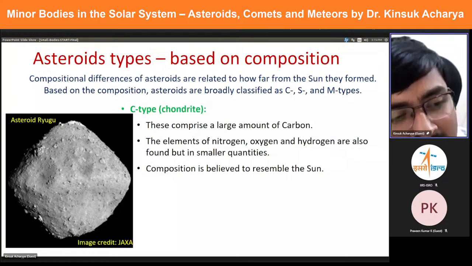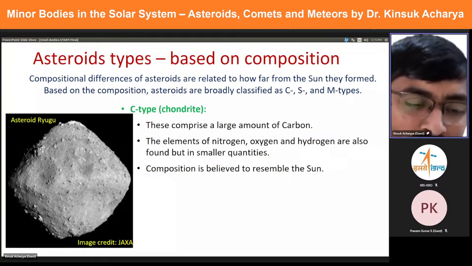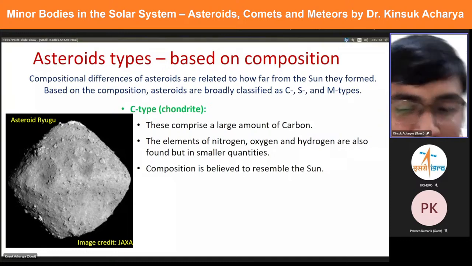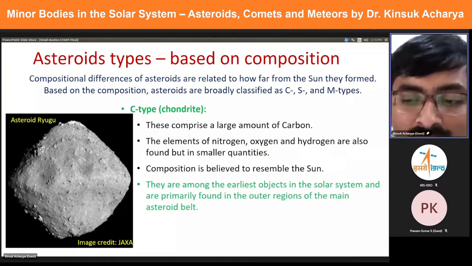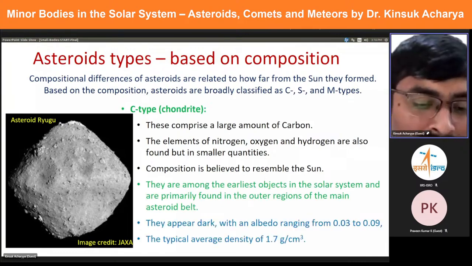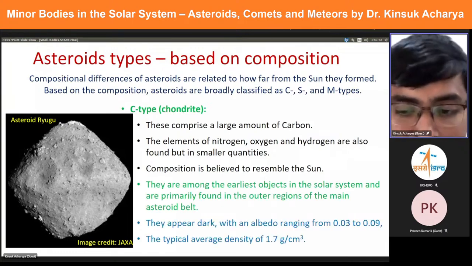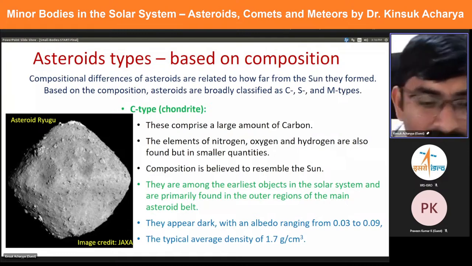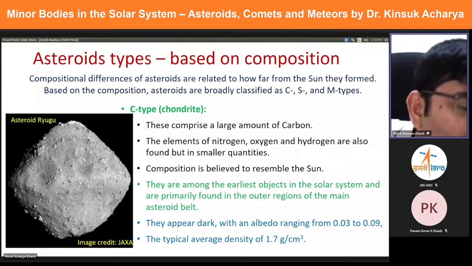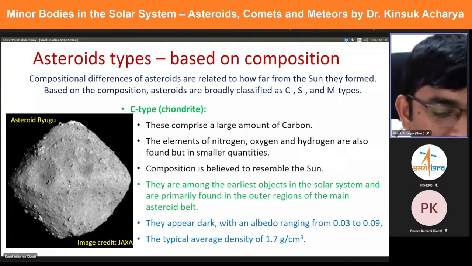And their composition resembles the sun. If you see their isotopic ratios, you can find them very close to the sun. So they are actually the most primitive objects, and they are primarily found in the outer regions of the main asteroid belt. And also, they are very dark objects.